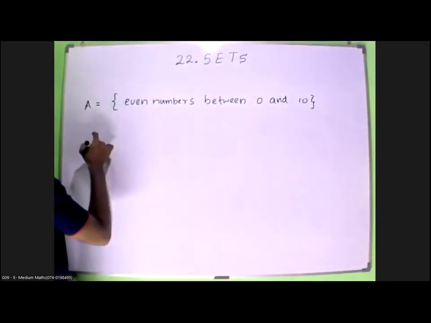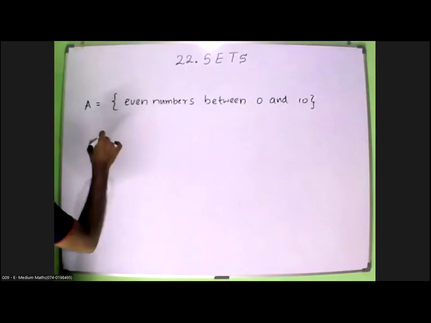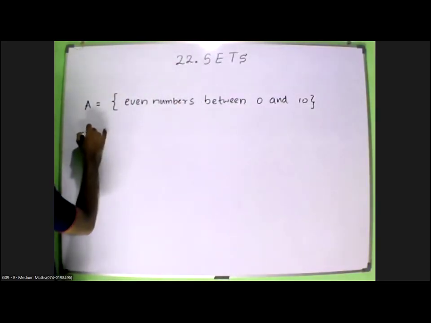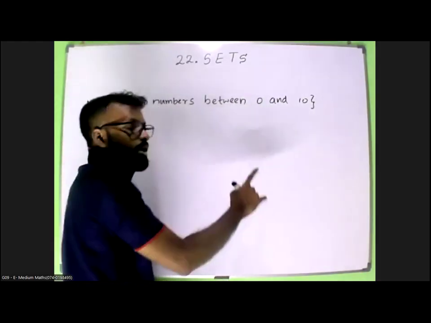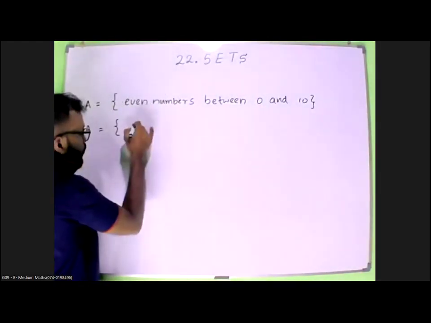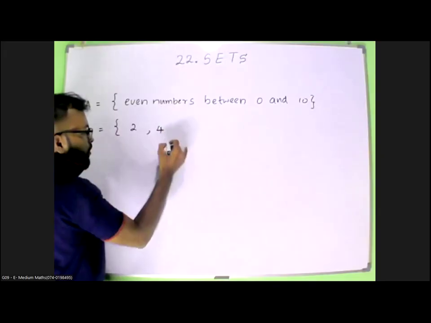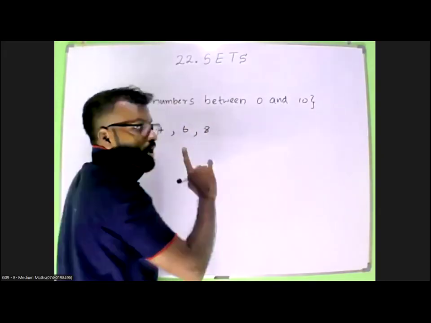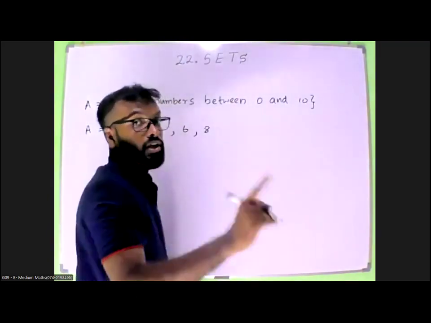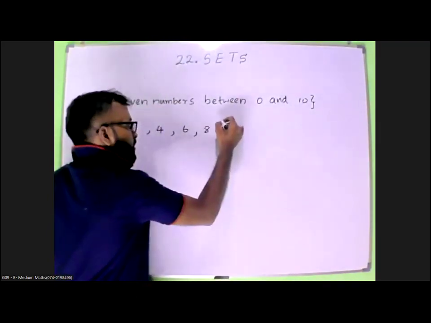I can write this in a different way. Open curly bracket, even numbers between 0 and 8: 2, comma, 4, comma, 6, comma, 8. You cannot write 10 because here you have the word between. Close curly bracket.